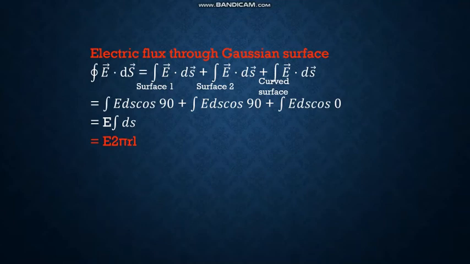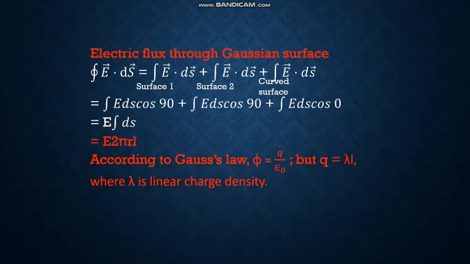The electric field is the same at every point on the curved surface of the cylinder, and integral ds is equal to 2 pi r L. According to Gauss's law, electric flux is equal to q by epsilon naught, but q is equal to lambda L, where lambda is the linear charge density, that is, the charge on a unit length of the wire. Since L length of the wire is inside the cylinder, the charge on L length of the wire will be lambda L.